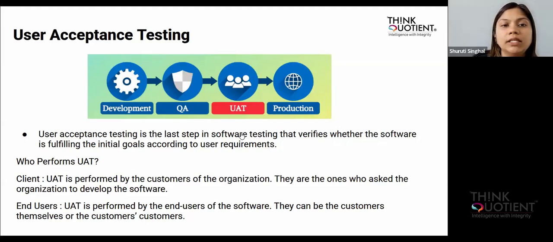It is completed by the client or the end user to validate that everything is properly communicated and executed. So who's the client? The stakeholders of the system, and the end users, they also do it. So who are the users? These are the individuals who are going to use the application, most of the times. So it is important to make the user a part of the entire quality strategy within this process.